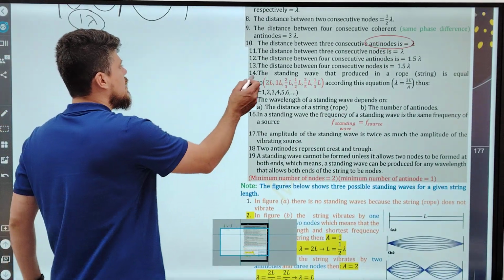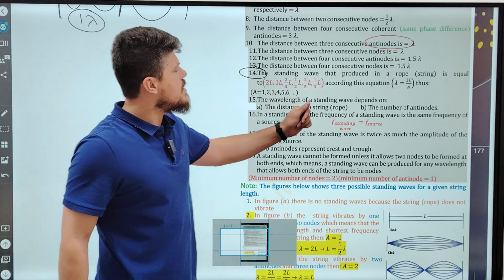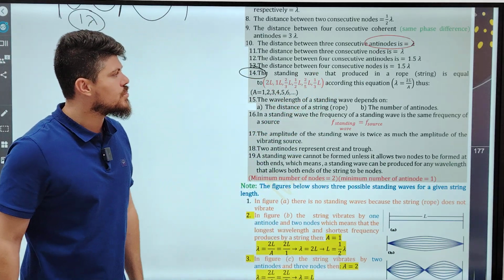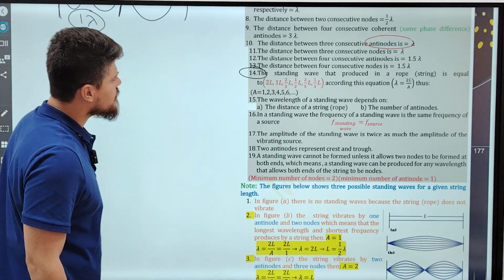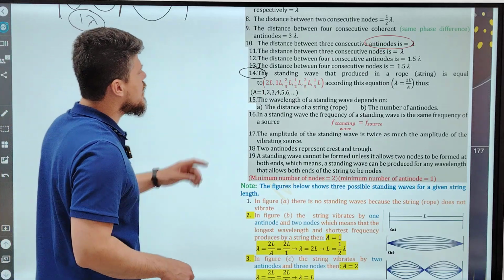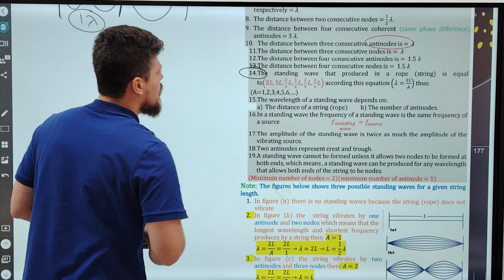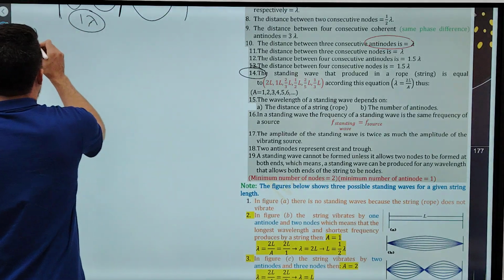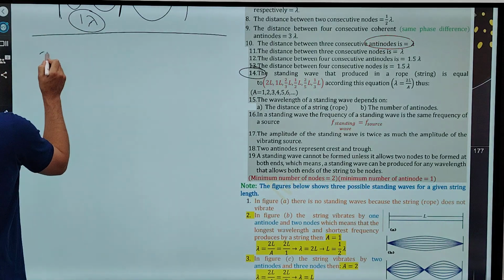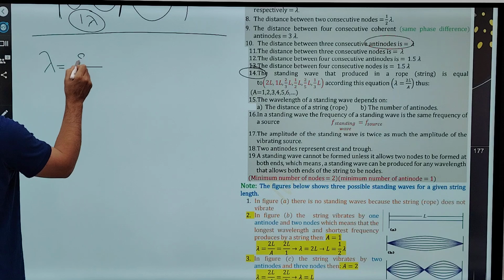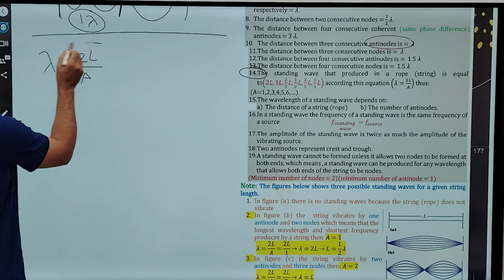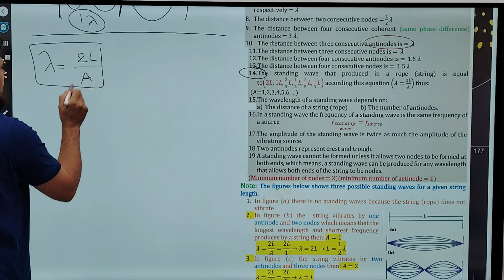So number 14, the standing wave that is produced in a rope or string, the wavelength is equal to what? Is equal to 2L, L, 2 over 3L, and so on, okay? According to this equation, lambda is equal to what? 2L over A. Okay?